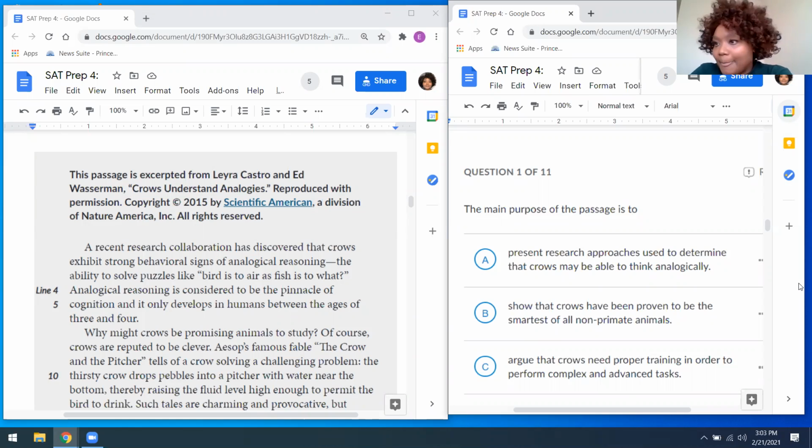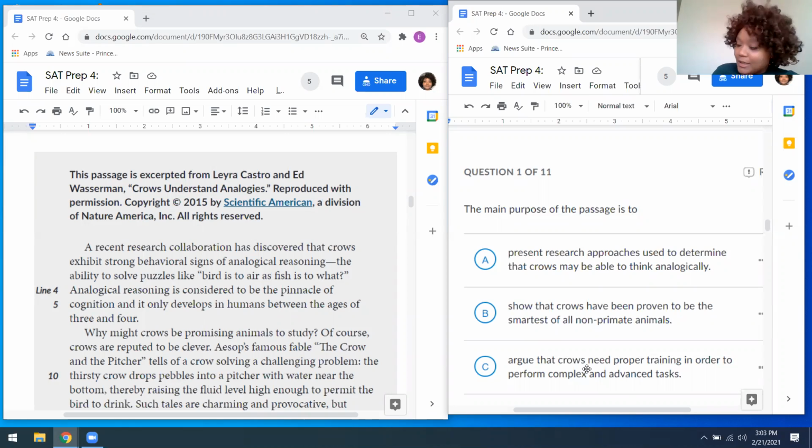For this one, the main idea of the entire passage, not just one paragraph or one sentence, is answer choice A, which is to present research approaches used to determine that crows may be able to think analogically.